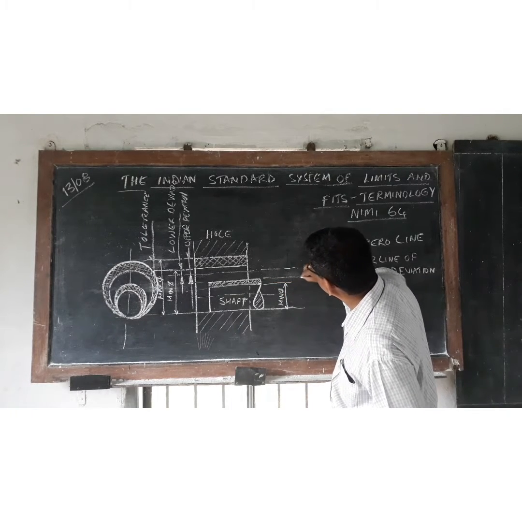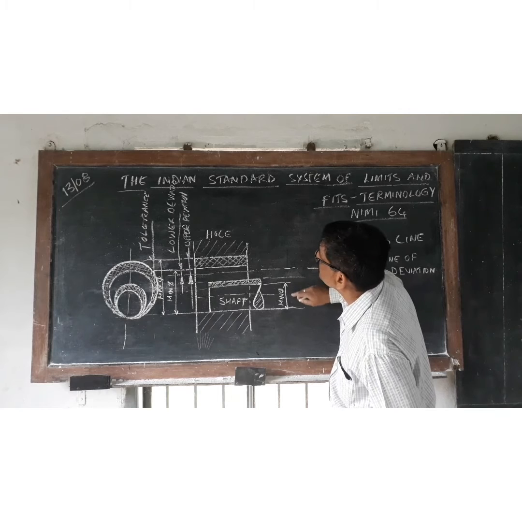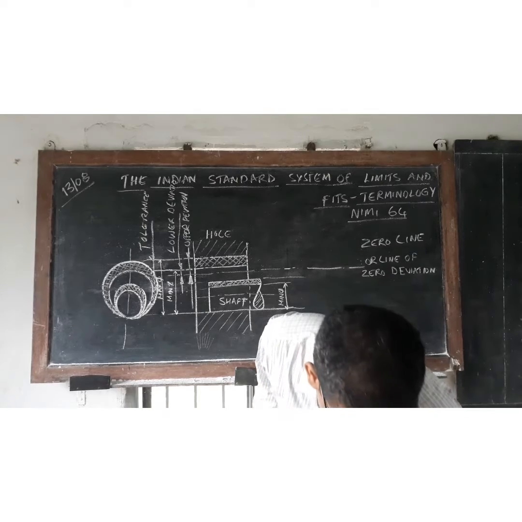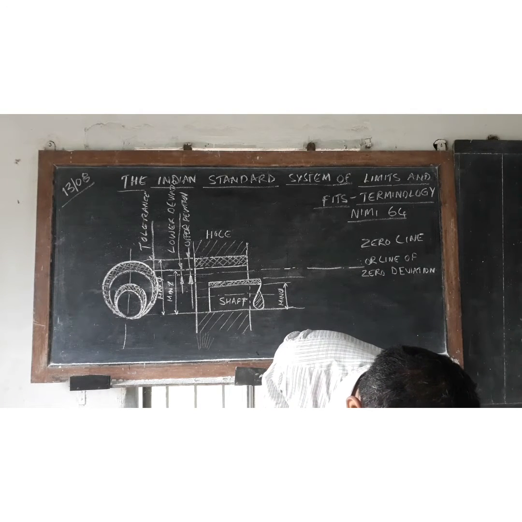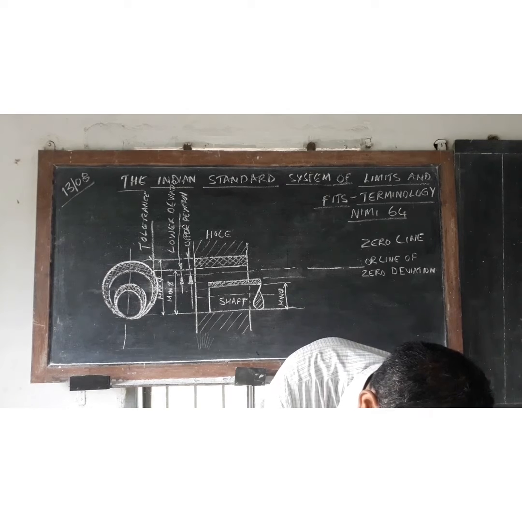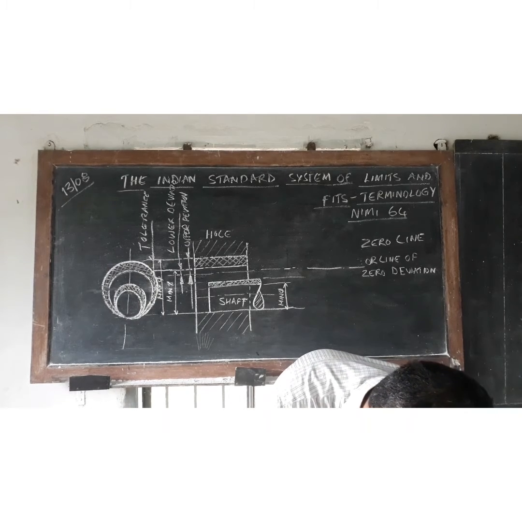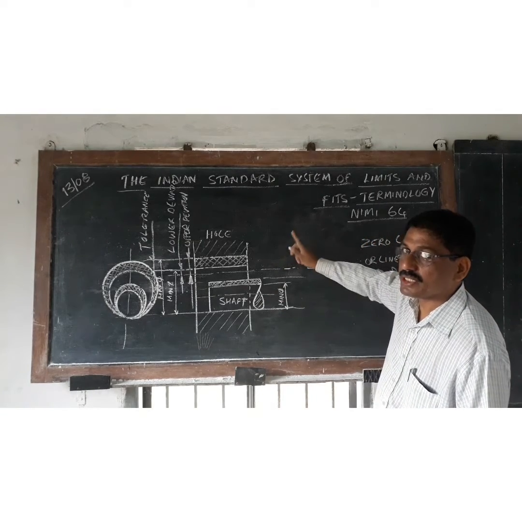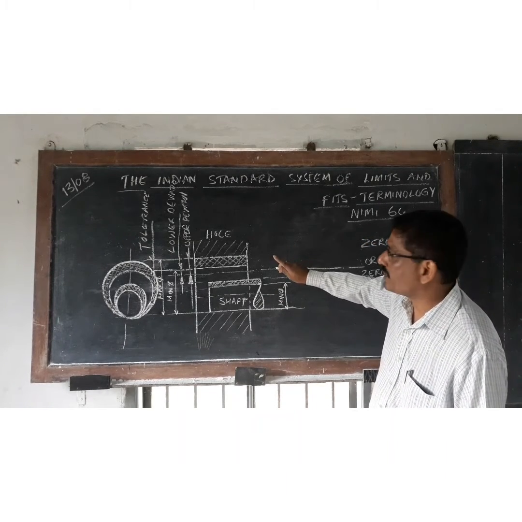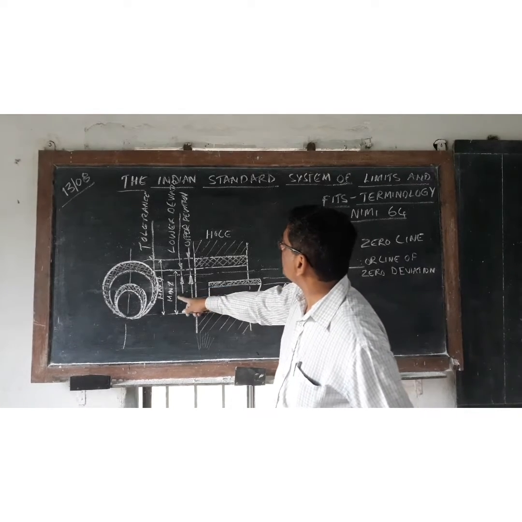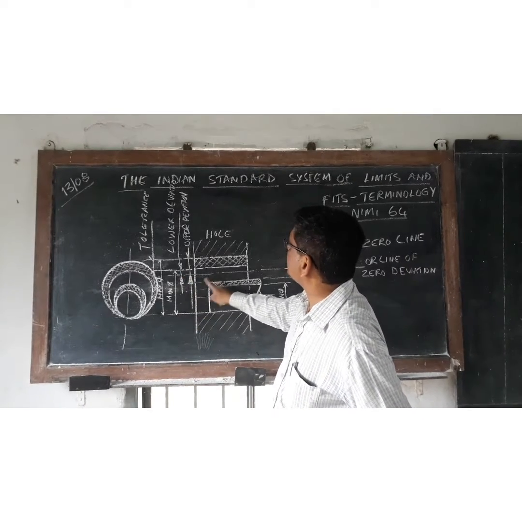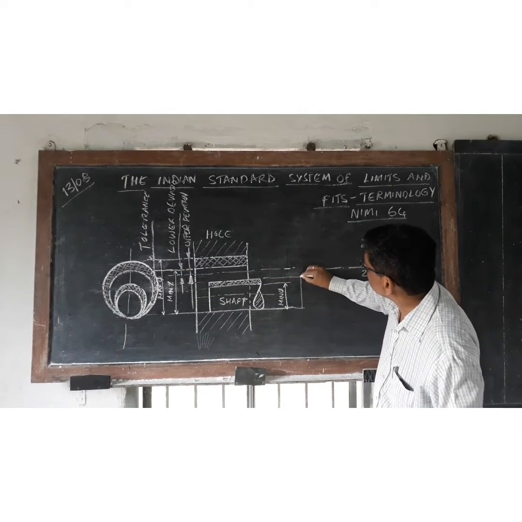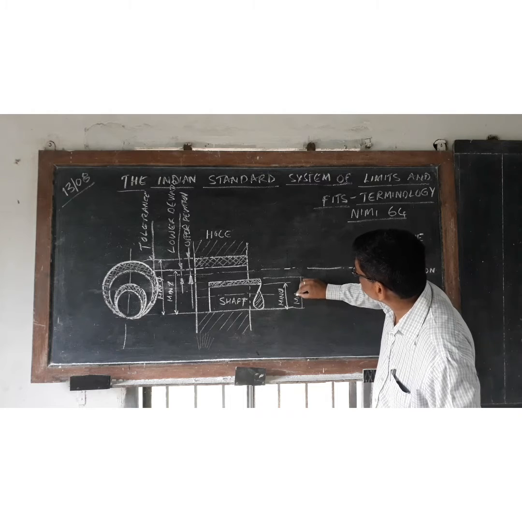This one is the maximum diameter. For hole and shaft there is a difference. Here the minimum diameter, zero line is here, and here the maximum diameter. Here also, the minimum diameter, and this is the maximum diameter.